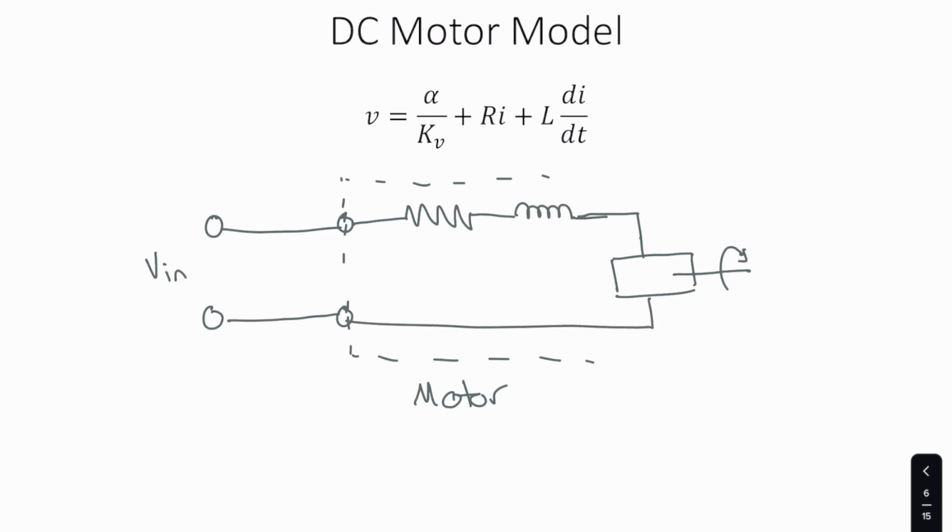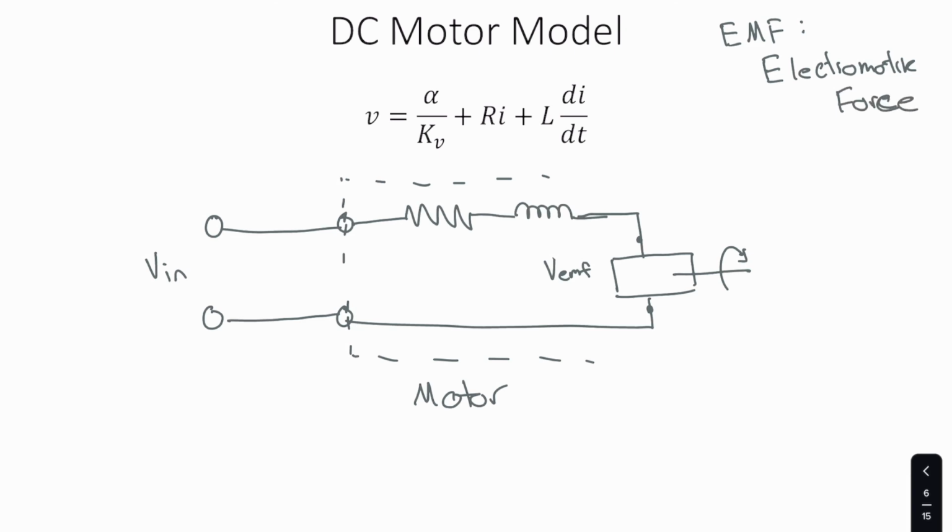We also need to model the fact that across these two points, the positive and negative terminals that are connected to the armature, the coil, we have something called the back EMF. EMF stands for electromotive force.